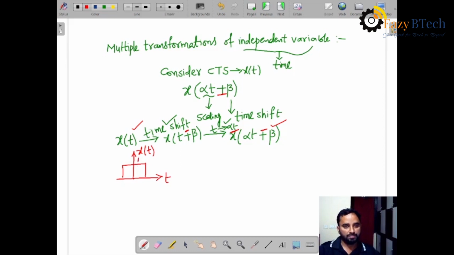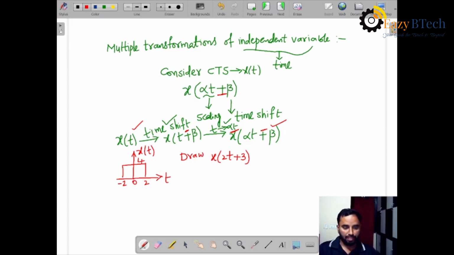Its amplitude is, for example, 4, and it is from -2 to +2. This is the signal we are considering as x of t. Now the question is to draw x of 2t plus 3. We have to plot x of 2t plus 3.